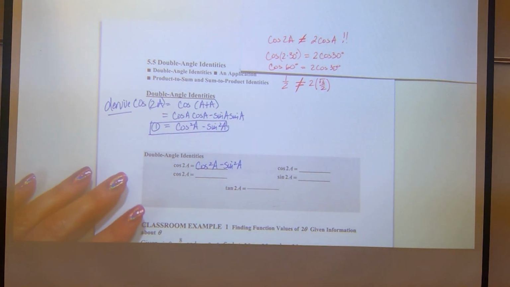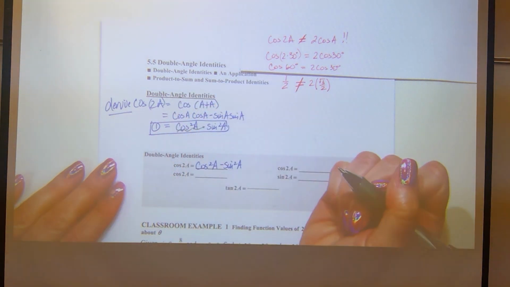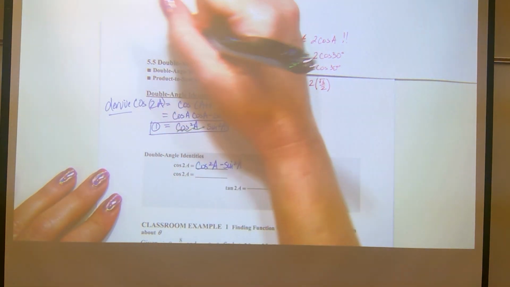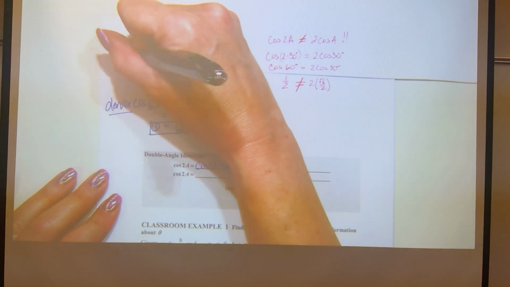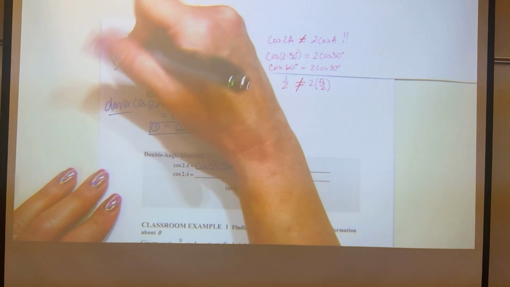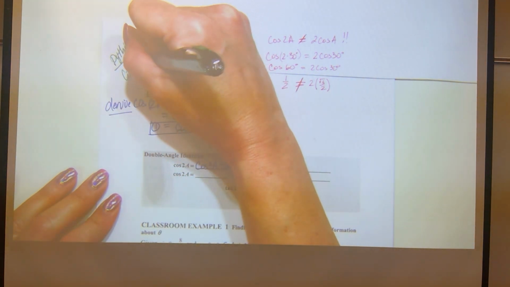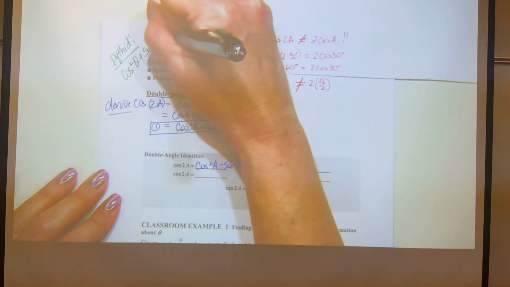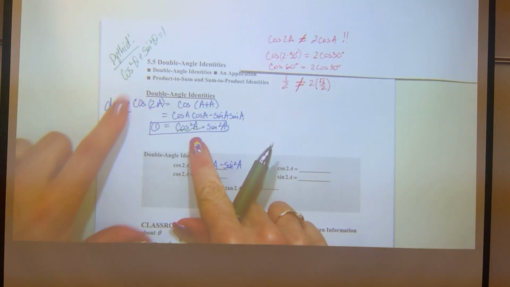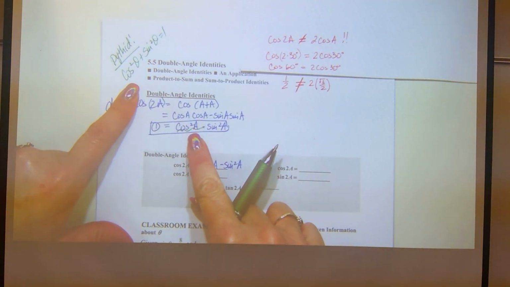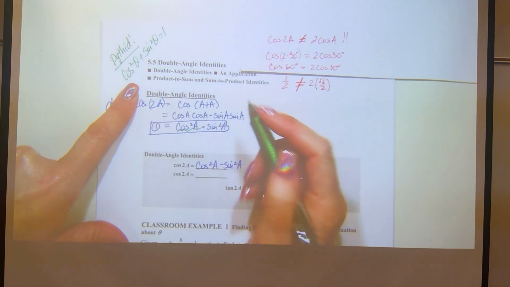Well, cosine square a, if I look at my Pythagorean identity, remember your basic Pythagorean identity is cosine square theta plus sine square theta equals 1. So cosine square a is the same thing as 1 minus sine square a.